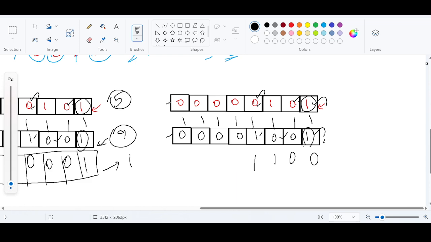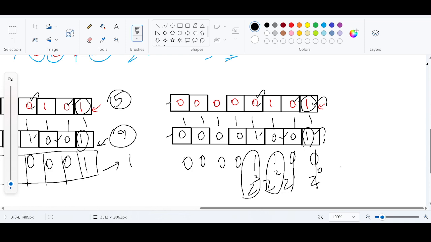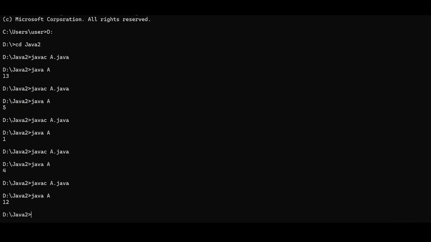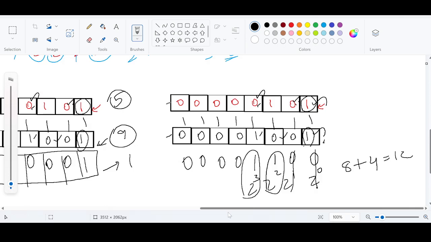Then 0, 0, 0, 0. Just raise the power, 2 to the power of 0, 2 to the power of 1, 2 to the power of 2, 2 to the power of 3. We don't need to calculate when the bits are 0. Only you need to analyze the calculation when you find the bits are 1. So 2 to the power of 3 is 8, plus 2 to the power of 2 is 4. So this is all about the XOR operator.